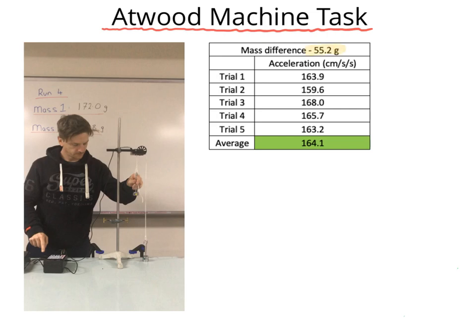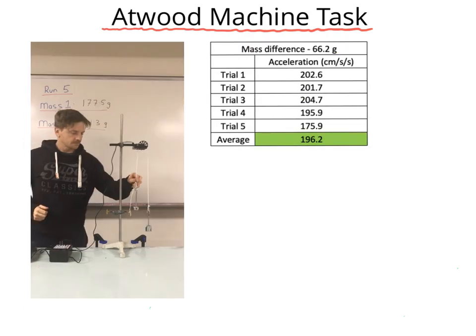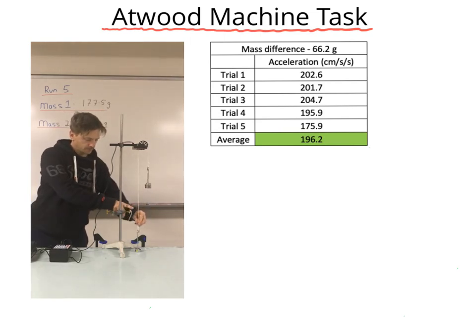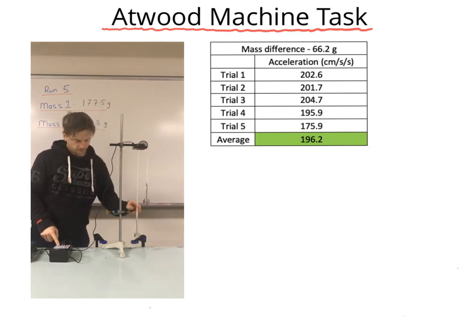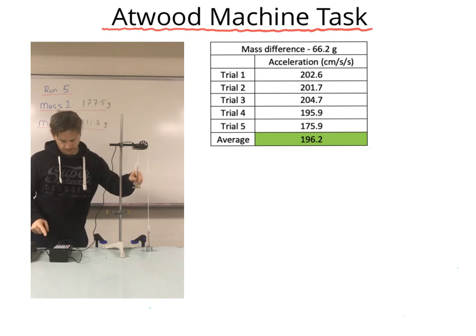The smallest acceleration recorded was 159.6 centimetres per second, and the greatest 168.0. The mass difference for this run was 66.2 grams. The smallest acceleration recorded was 175.9 centimetres per second. The greatest was 204.7.